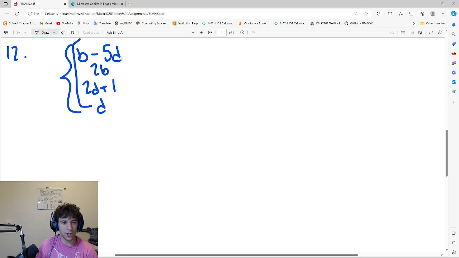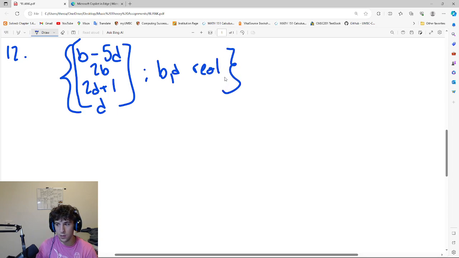And then the only conditions we have are that b and d are real. According to the above, we have that W is a subset in R4.